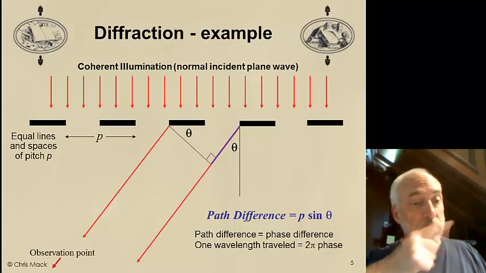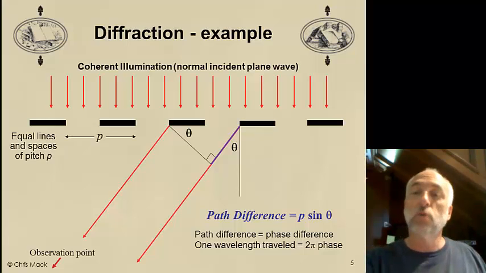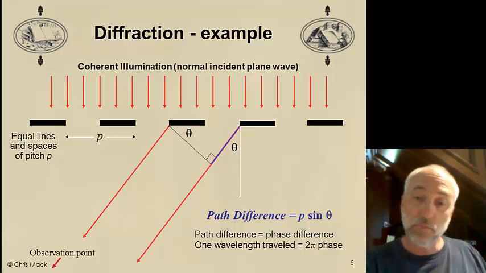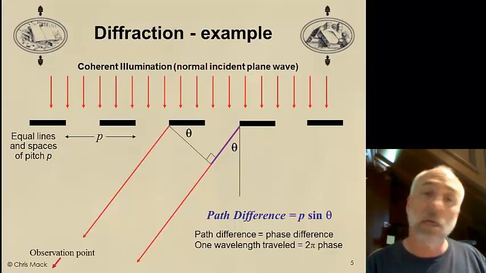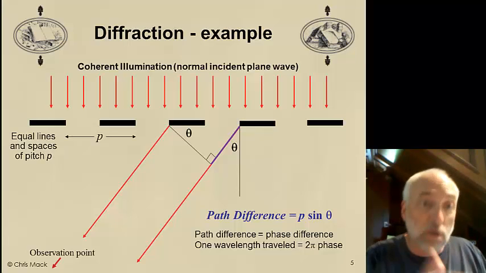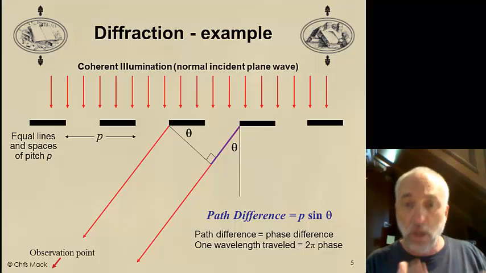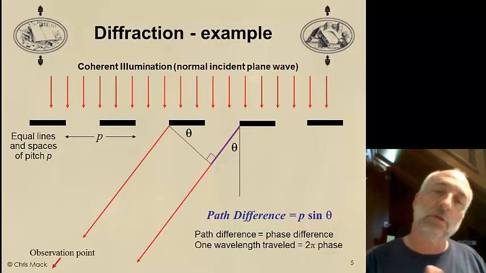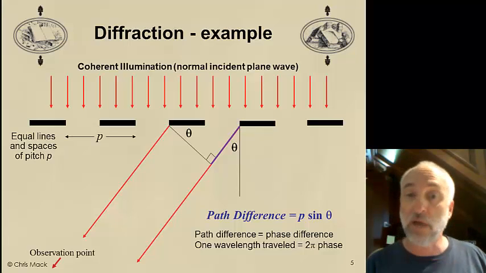So every wavelength of distance traveled corresponds to a phase change of that light of 2 pi. If it travels half of a wavelength, it's changed by pi. If it travels a quarter of a wavelength, it's changed by pi over 2. So the distance traveled determines the phase change of the light as it's traveling.